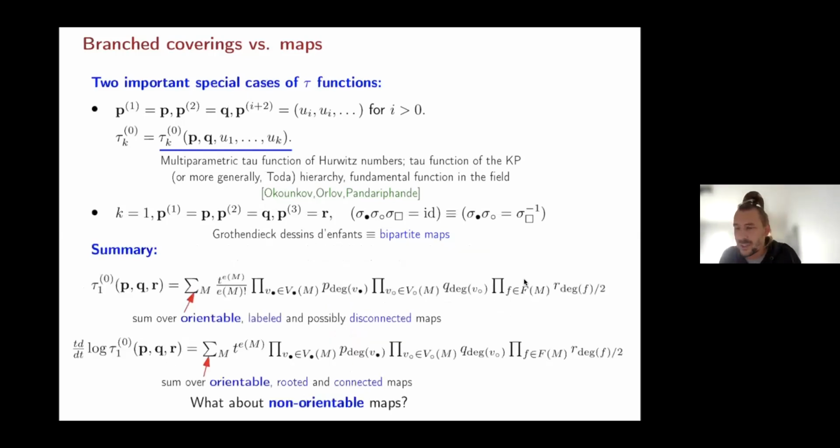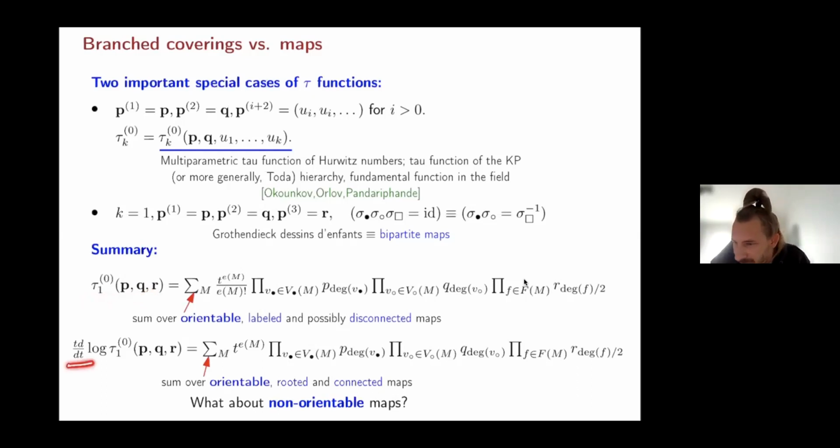So the summary of this whole discussion about bipartite maps is that these tau functions that I started from, which I told you are generating functions of branched coverings, in these special cases, when I have only 3 families of variables, are just generating functions. The first one is a generating function of orientable, labeled, but possibly disconnected maps.